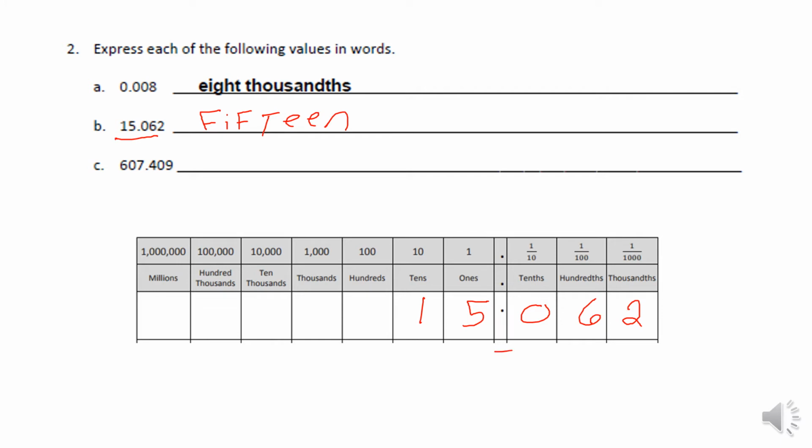We have a decimal, so we're going to say and. Now on the decimal fraction side, we're going to read the number 62. And then we're going to read the place value, thousandths. So 15 and 62 thousandths.